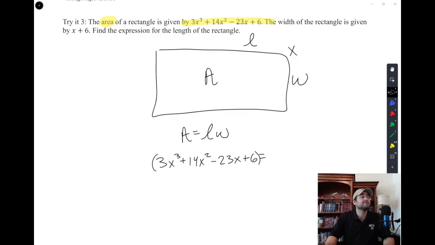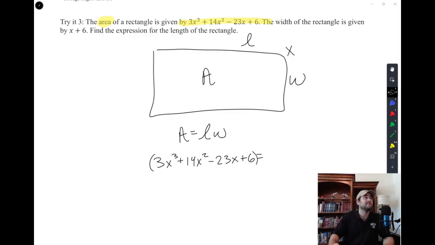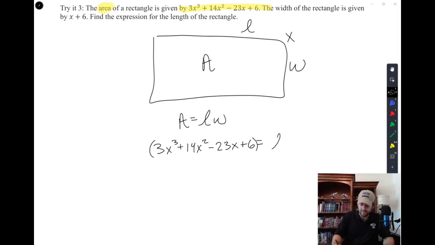They do not give us the length, but they do give us the width. They say the width is equal to x plus 6, right there in the problem.